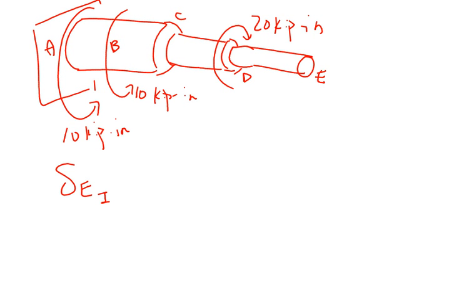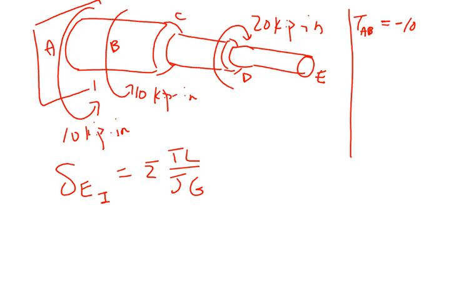Okay, so the deflection at E due to these applied torques is going to be the sum of TL over JG, okay? And this should be pretty obvious. Let's make a list for ourselves of internal torques, right? Torque in AB. That reaction is positive 10 kip inches. So if I make a cut between A and B, it's going to be a negative 10, right?